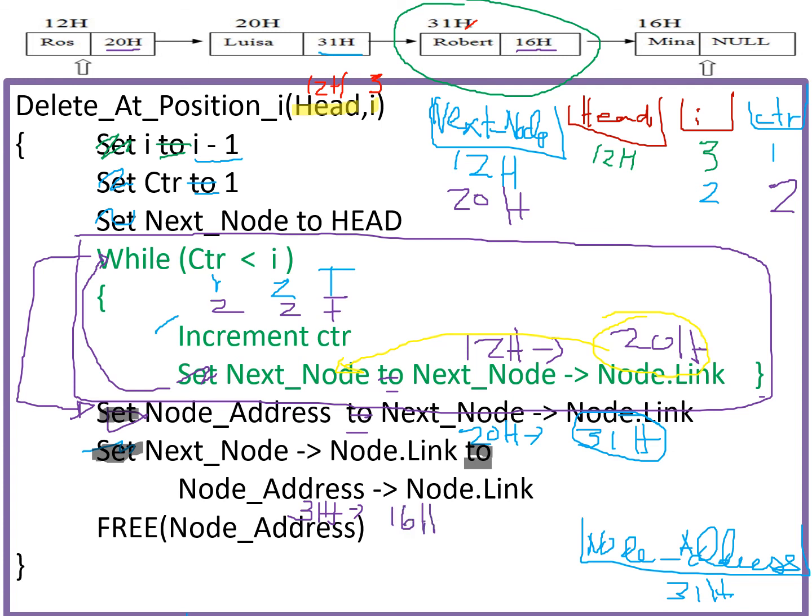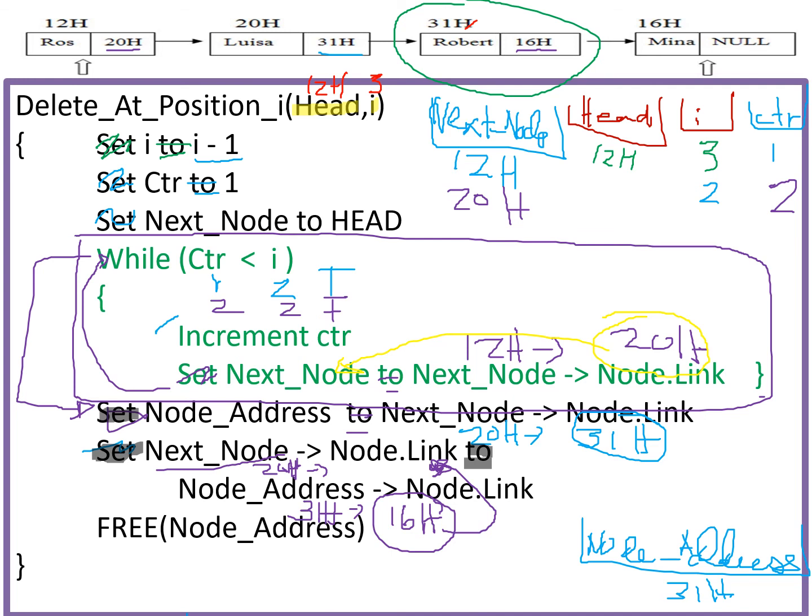So, 16H, okay, will be assigned to node.link of next node. So, next node is 20H. So, 20H referencing to node.link is equal to 31H referencing to 16H. So, it simply says that 16H will be assigned to node.link of 20H.